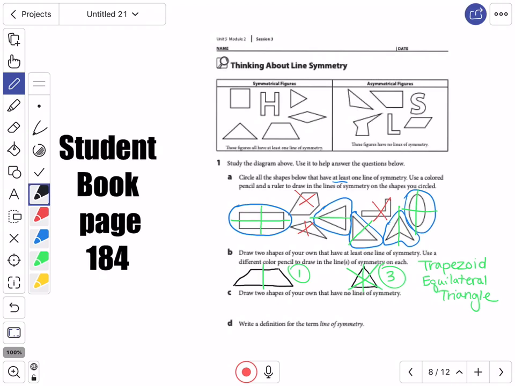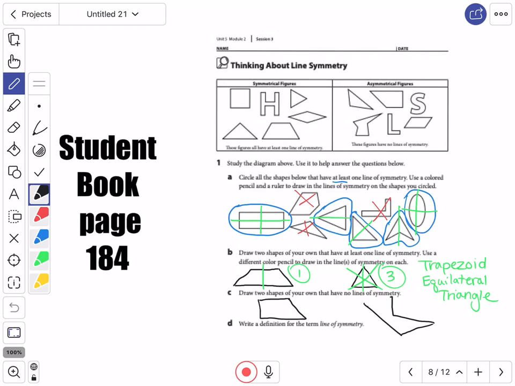I drew a trapezoid and an equilateral triangle.